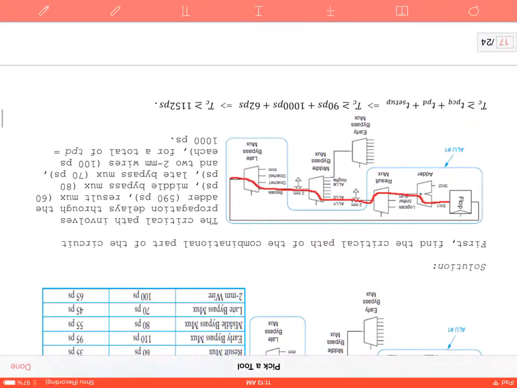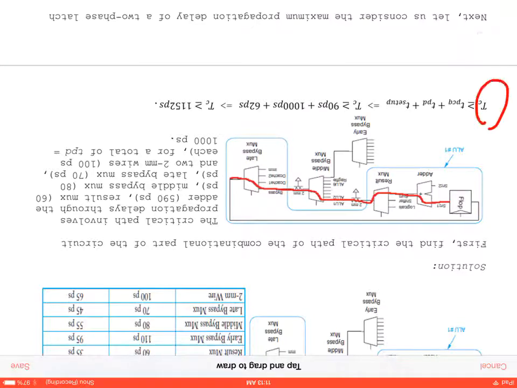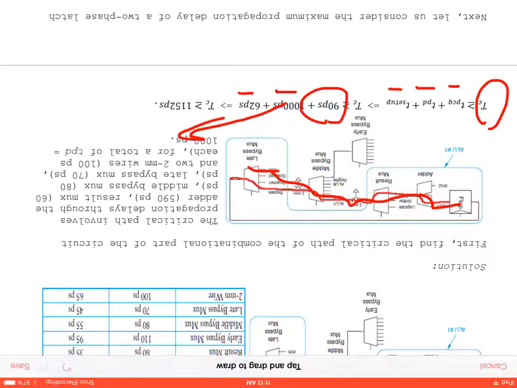So here we had a specific one for the combinational path: the clock signal, the propagation delay for Q, and then the propagation delay and the setup time. We defined the setup time as 90 picoseconds, and we had 1,000 picoseconds that added up from the combinational path, and then we had an additional 62 picoseconds.